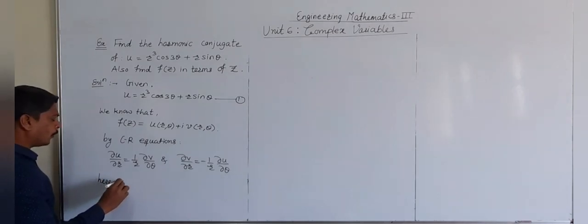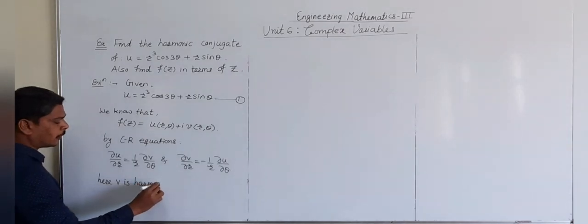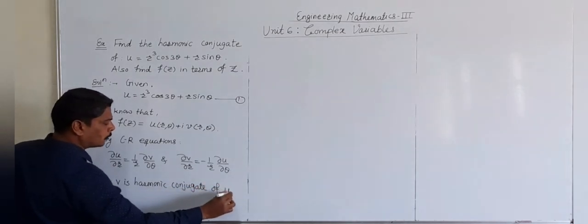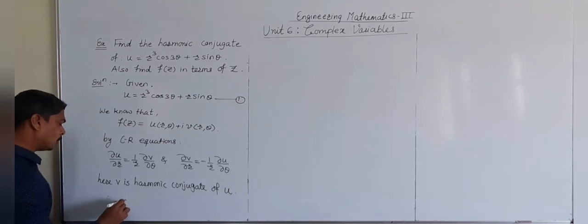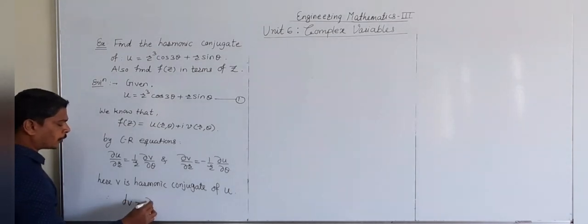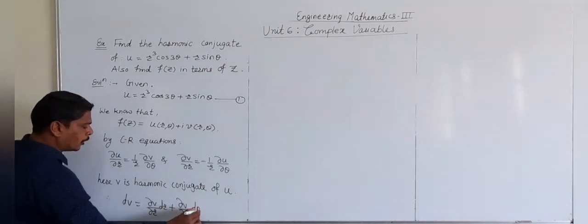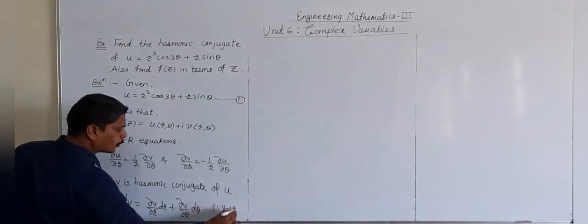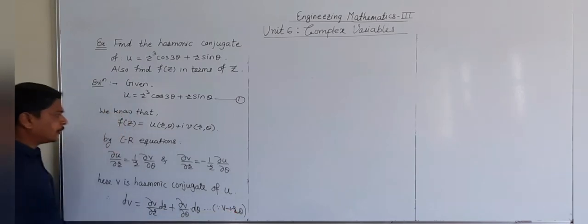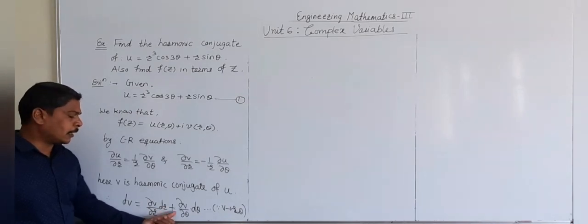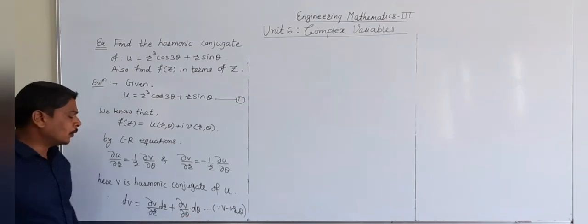So here φ is the harmonic conjugate of u, and therefore the derivative of φ is equal to the partial derivative of φ with respect to r into dr plus the partial derivative of φ with respect to θ into dθ, since φ is a function of r and θ.